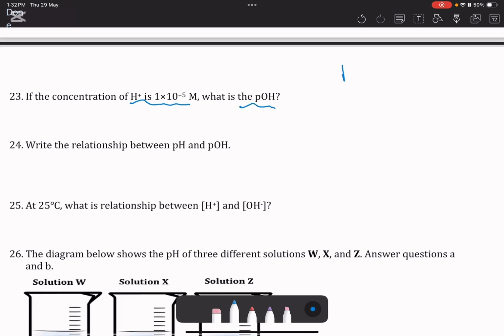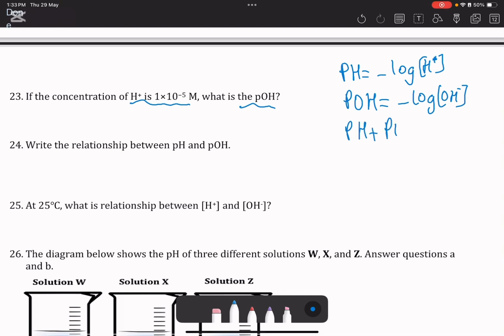In these questions, use the formulas and highlight the given and what you need to find. That's the best way to avoid mistakes. H plus times OH minus, that's the Kw. So H plus is given, they want pOH.